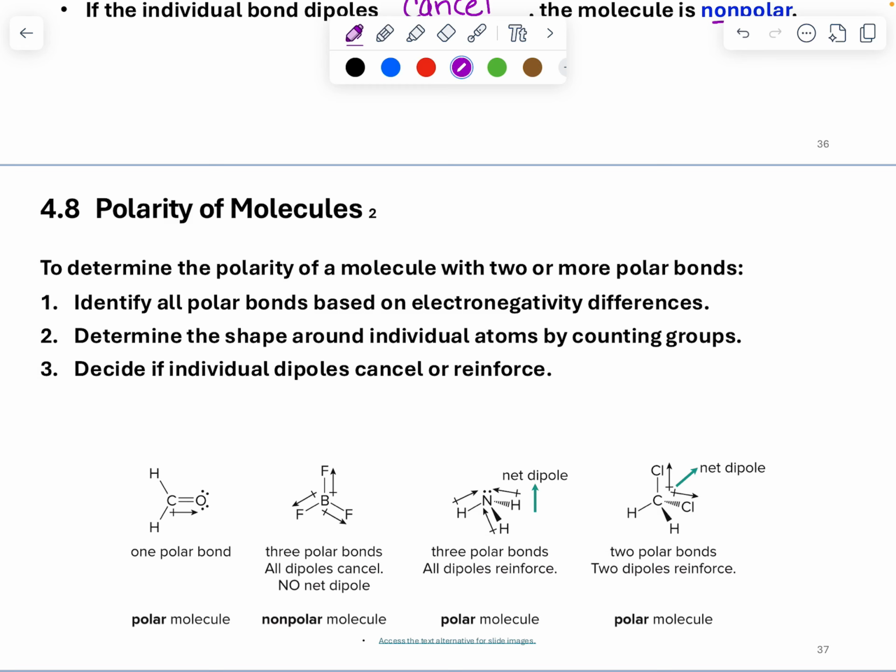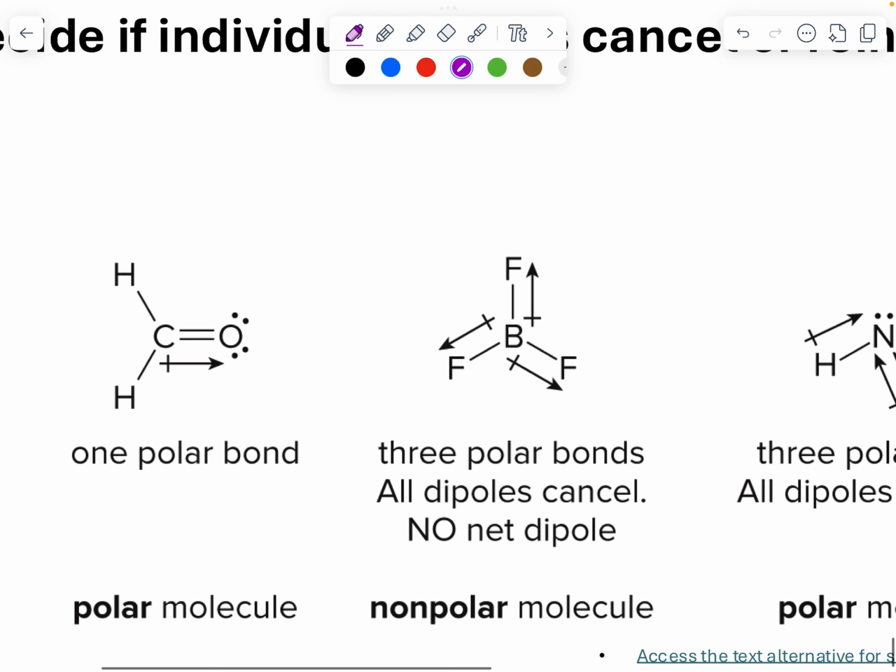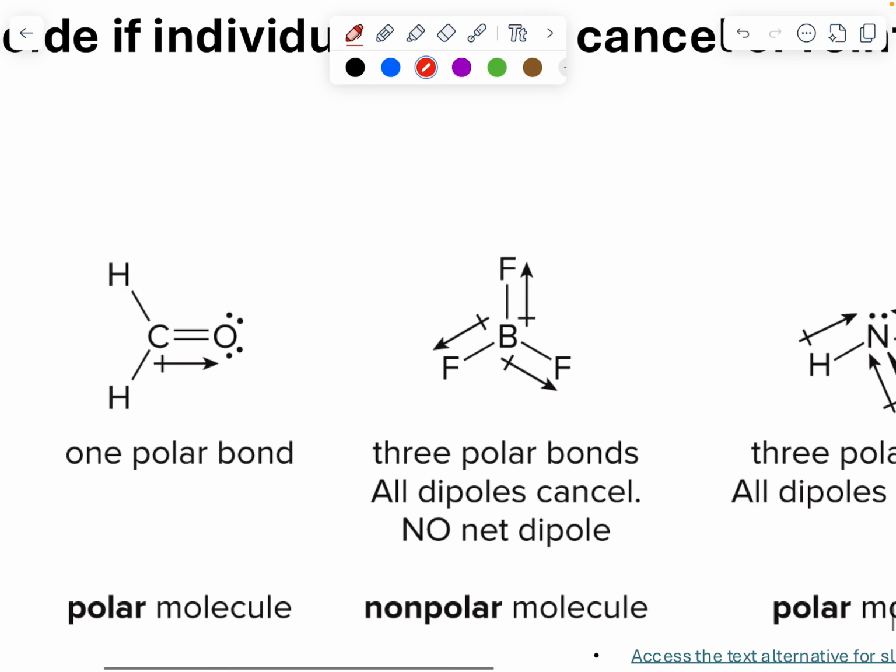We have a carbon as a central atom, double bonded to the oxygen. And when we looked at electronegativity values, we know that oxygen has a higher electronegativity value than carbon. So this particular bond that we see here is a polar bond. We can also see by the dipole moment being drawn here that these two bonds are nonpolar bonds.